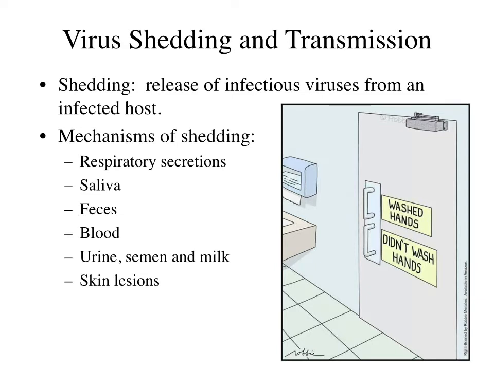Nasal secretions contaminate hands and tissues, and another person can pick it up this way. So, we're seeing this with how we're trying to avoid coronavirus. You wear a mask primarily to protect others from all the virus that you may be spreading from your respiratory system.